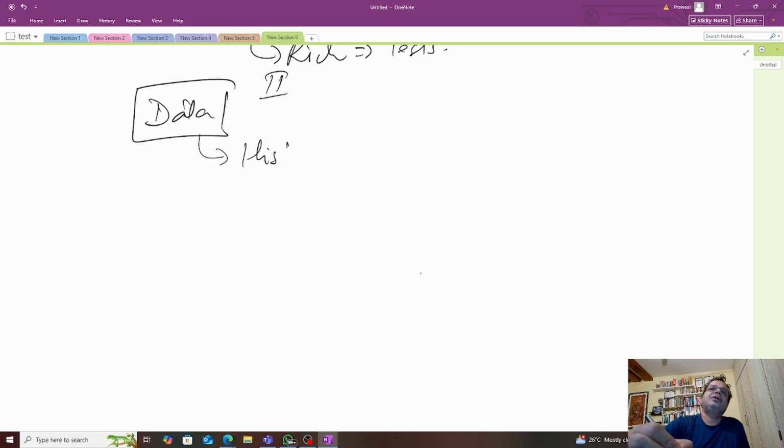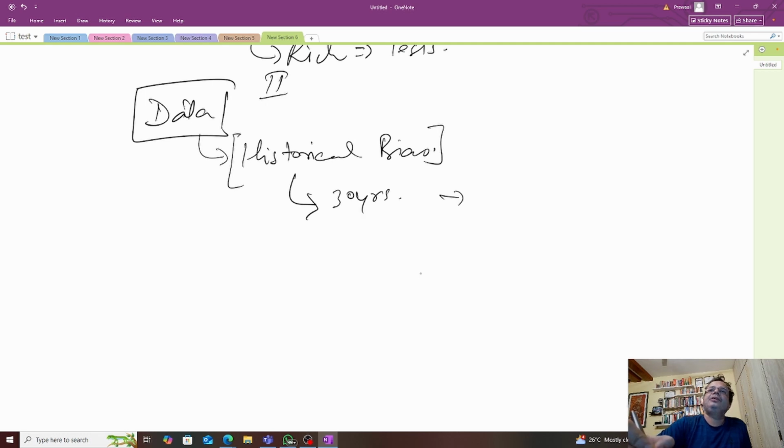So one is called historical bias. Historical bias, as the name suggests, says that if you have a lot of historical data, and let's suppose again it's a lending issue, and you look at the last say 30 years of data in a bank, and you look at what were the good loans, and what kind of customer profile or behavior was there where the loans were good and the bank was able to recover all the money.